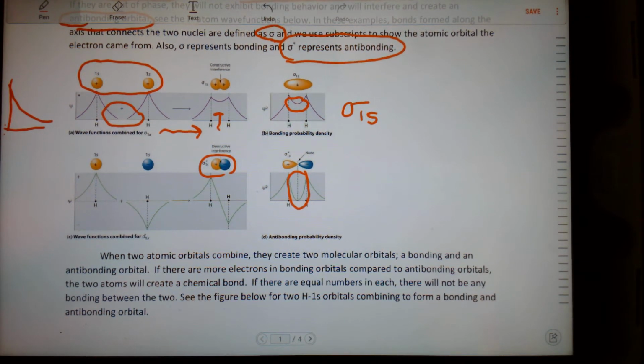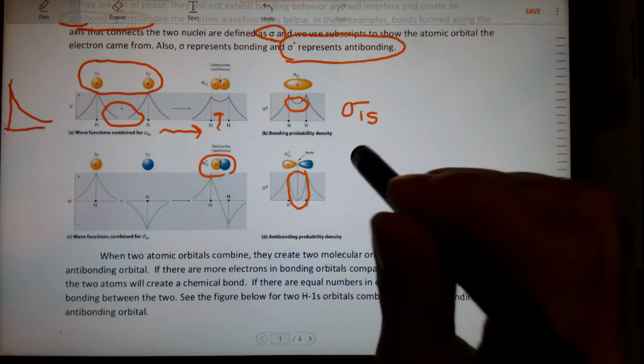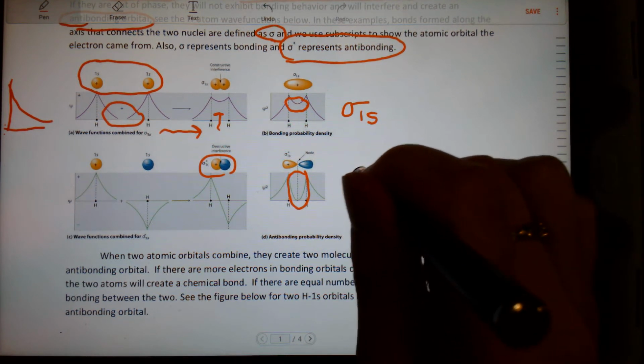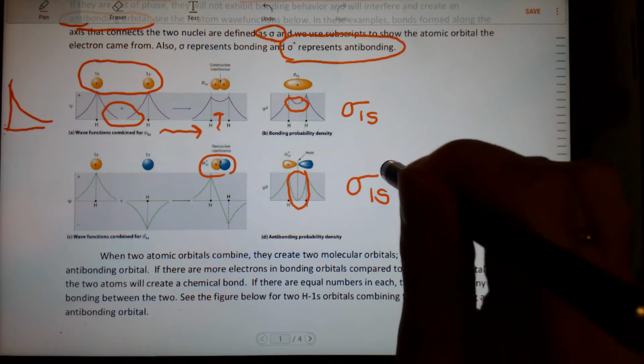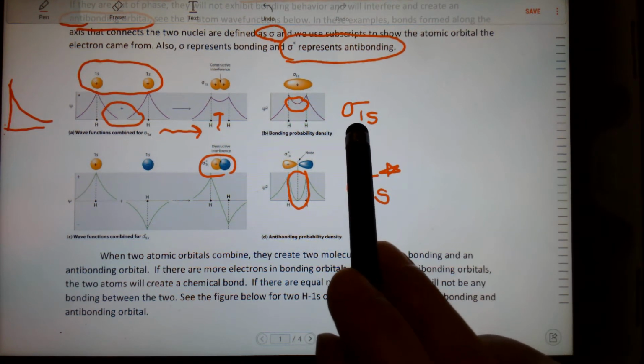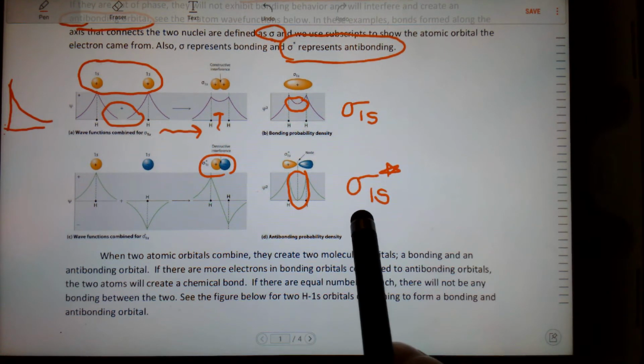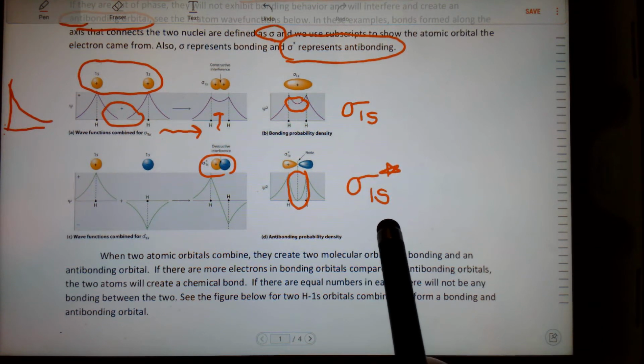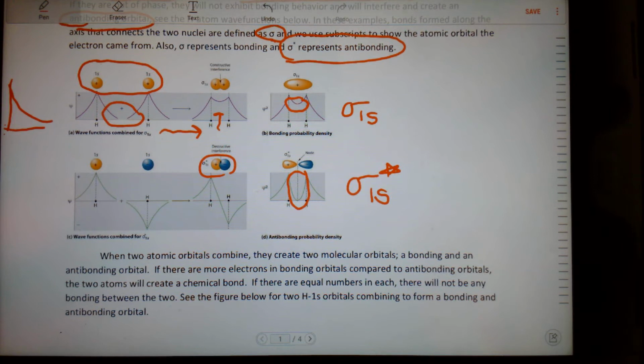So there is no bonding that would occur here. We have destructive interference. This is called a sigma 1s, and we put a star. So that's constructive, which results in bonding. This is destructive, which results in antibonding or no bonding. Or like I said, they cancel each other out with destructive.